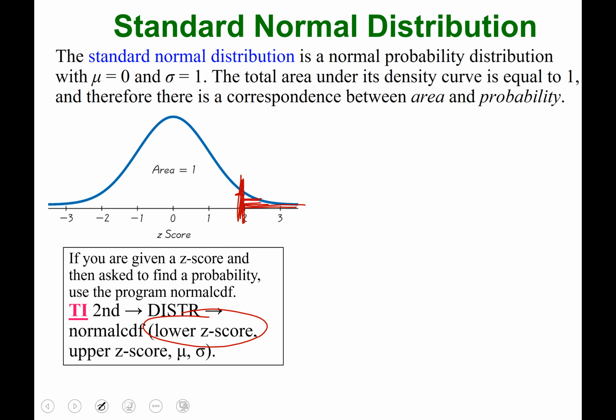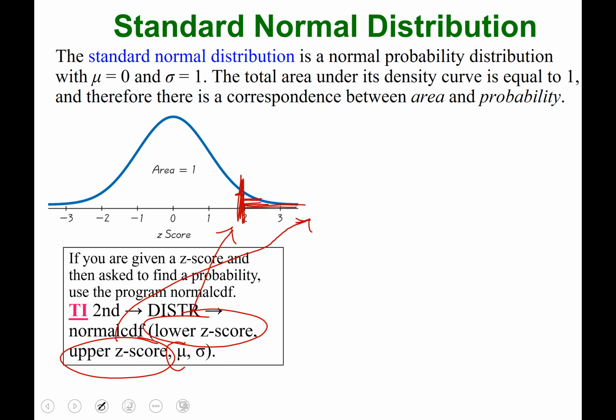Lower z-score, which in this example would be the 2 because that is where the shading starts. Upper z-score, which in this example would be tempting to go 3, but it's not. It's not 4, it's not 5. We don't know what it is. That curve approaches that horizontal axis, but it doesn't touch it. So for our upper z-score, we're going to have to use some random high number, like 999.